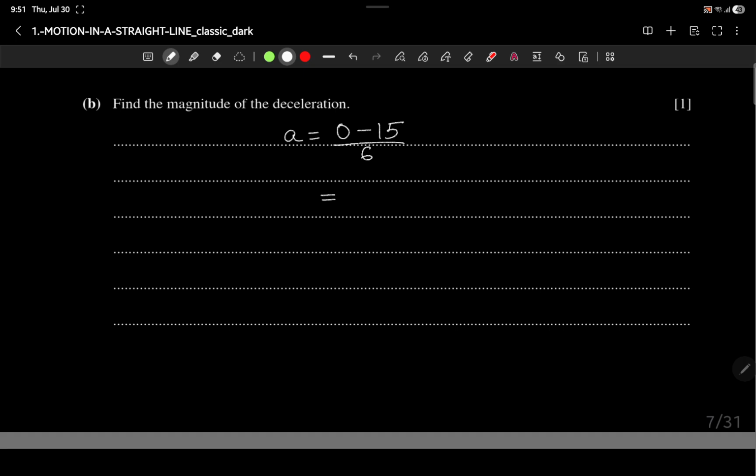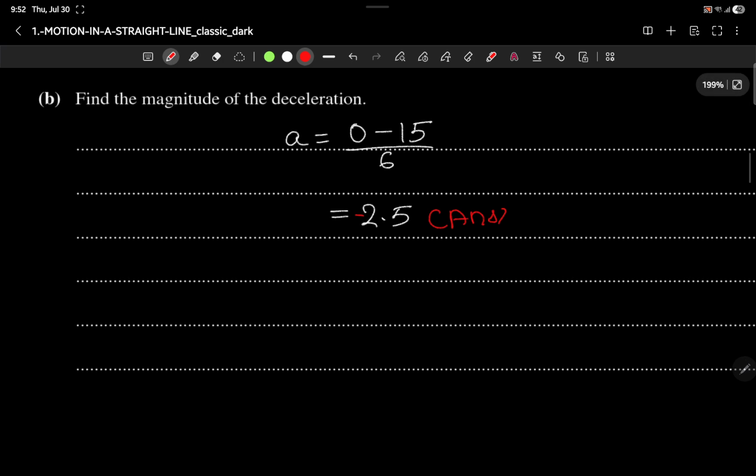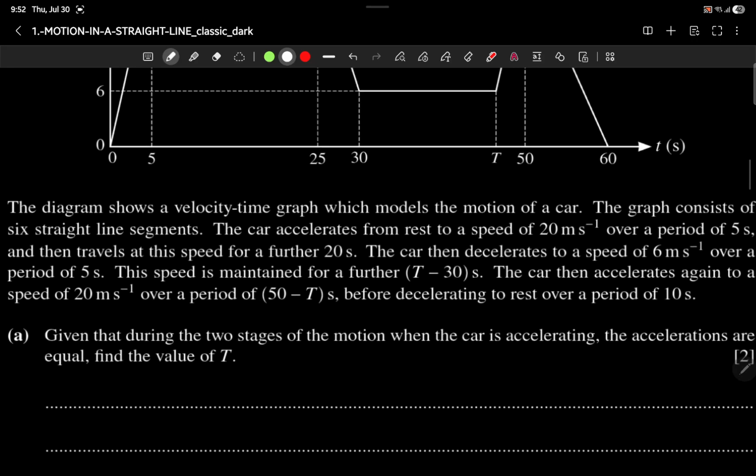Whenever it says magnitude of something, you don't really have to give the sign. You can give the sign negative, but you can also write just 2.5. Since it only asks for the magnitude, I'm only gonna write 2.5. If it says find the deceleration, then only then just put the negative sign over here. But over here, this doesn't really ask for that, hence the answer is only 2.5.